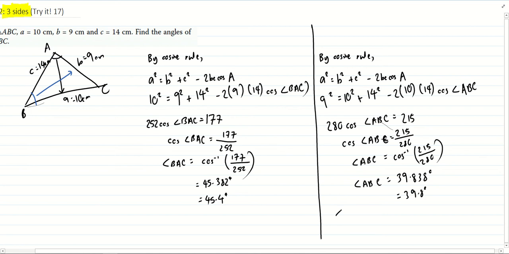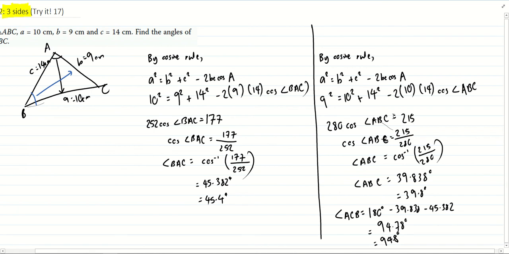And of course, angle ACB equals 180 degrees minus 39.838 minus 45.382, and I will get 94.78, which is simply 94.8 degrees. Okay, so yes, that's it.